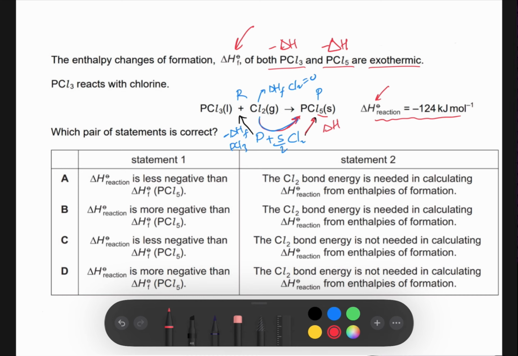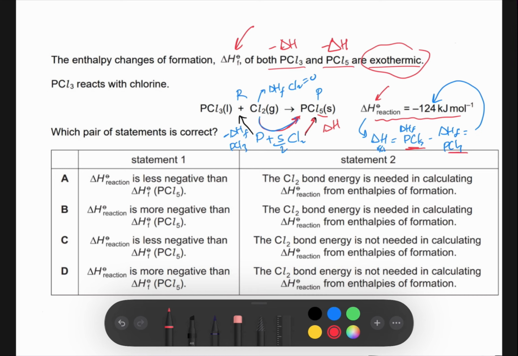In other words, the delta H of the reaction is equal to the delta HF of PCl5 minus the delta HF of PCl3. And then we have a negative answer at this point. But we have to look at the equation. The delta HF of PCl5 and PCl3 are exothermic, which means that both are negative.